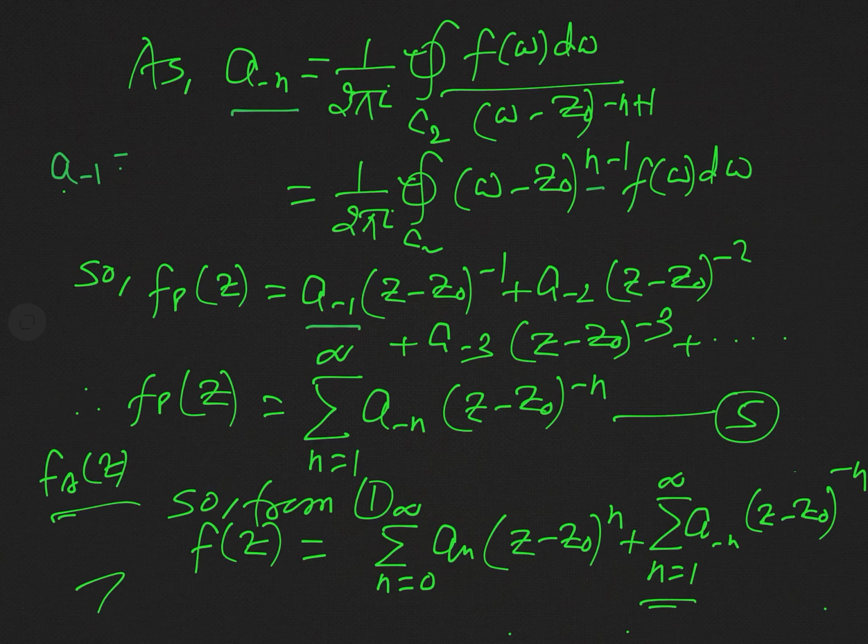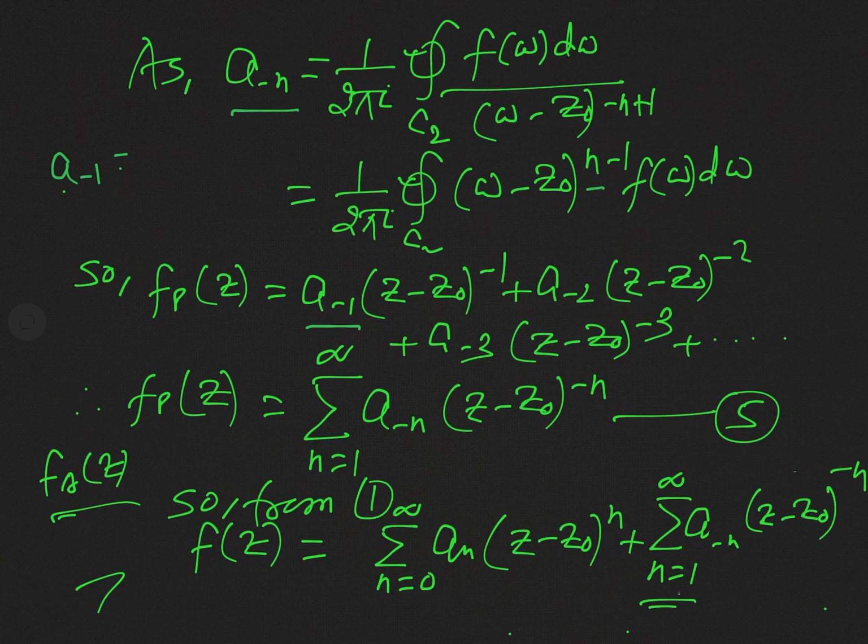In a similar manner, when we take n equal to 2, then w minus z naught will contain the power 1, not minus 1, 2 minus 1, but that will be 1.